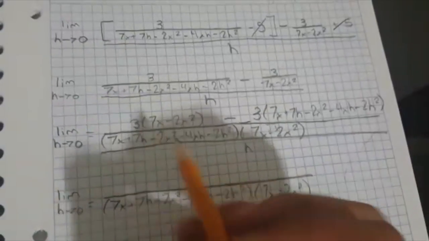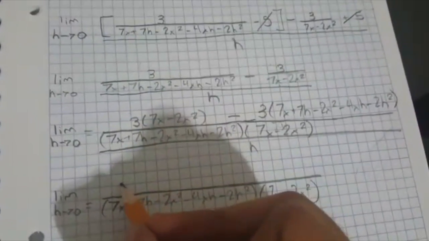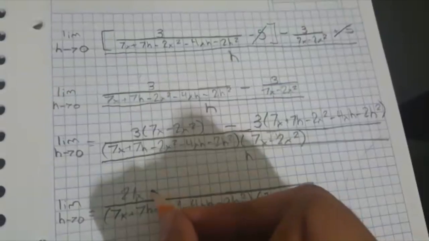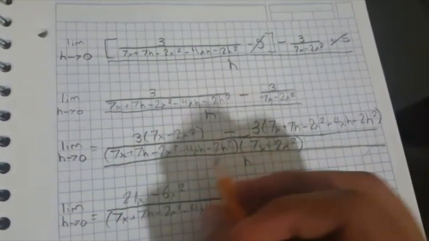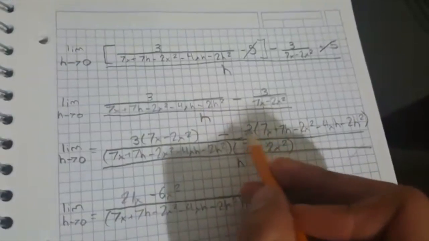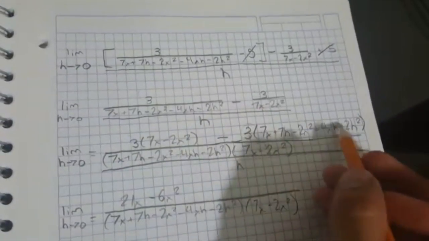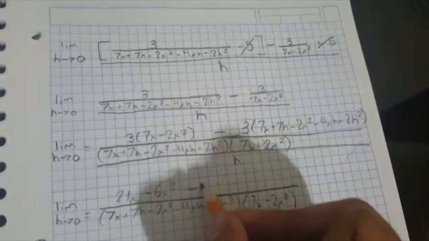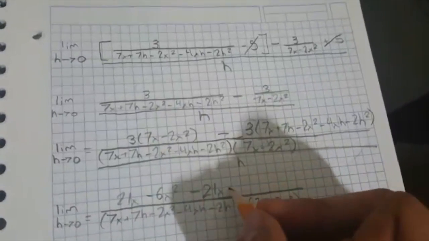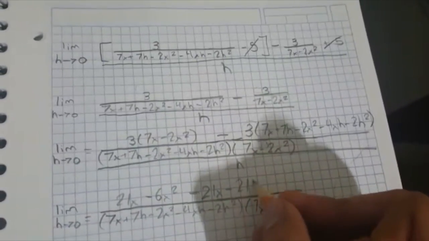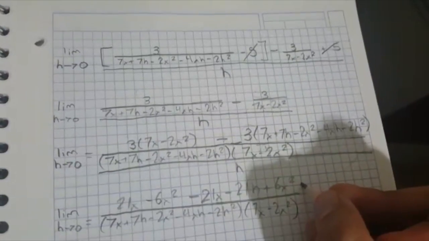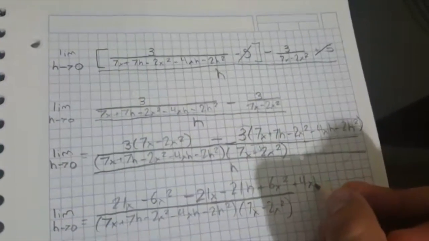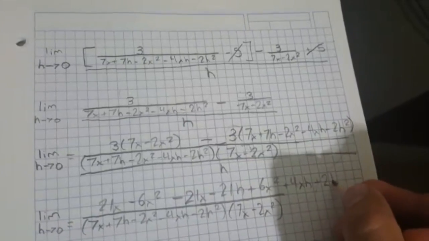So in the top, 3 times 7 will be 21x minus 6x squared minus, this minus is with the 3, so everything of this will change the sign. Minus 21x minus 21h plus 6x squared plus 4xh plus 2h squared.